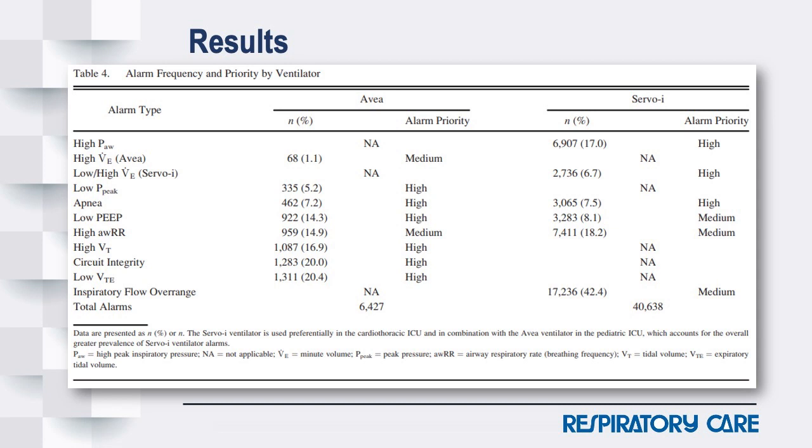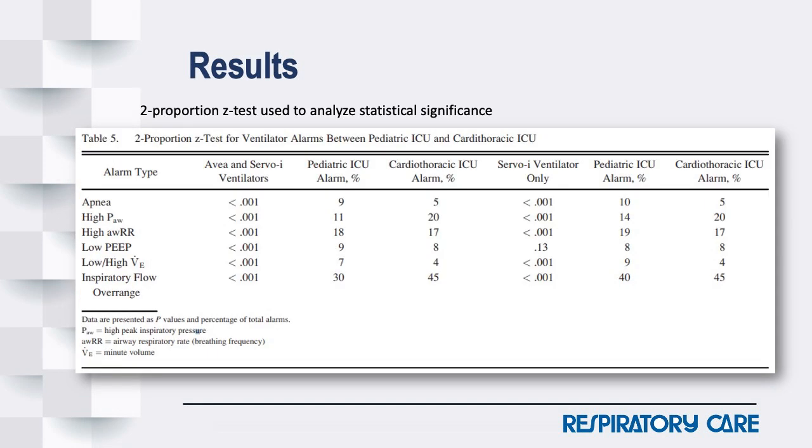And I made reference to the 2-proportion Z-test to statistically analyze if there was a difference between the alarms that you see in the pediatric ICU and in the other ICU, the cardiothoracic ICU. In this case, if you look at the first column, you see these less than 0.001s. First of all, I wanted to remind everybody, whenever you statistically analyze with something like a Z-test, you have a null hypothesis.